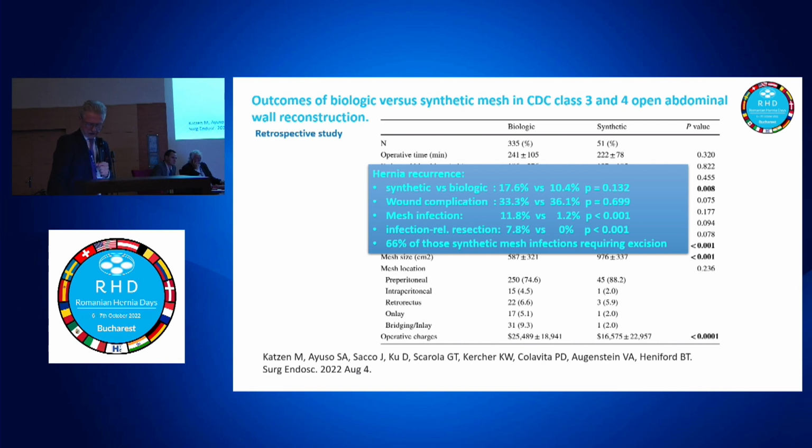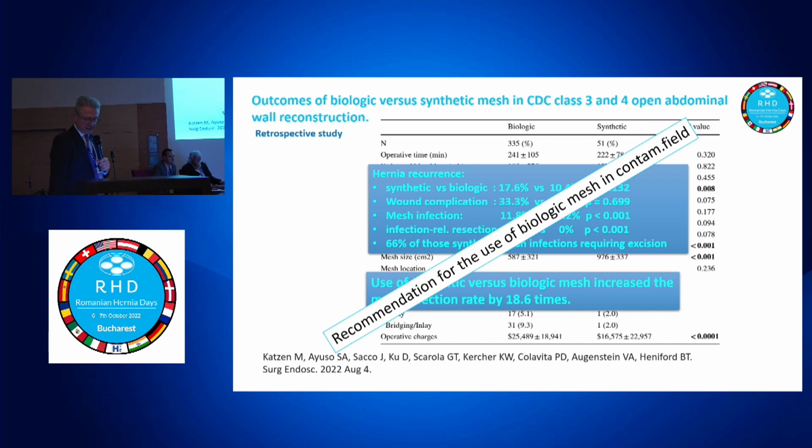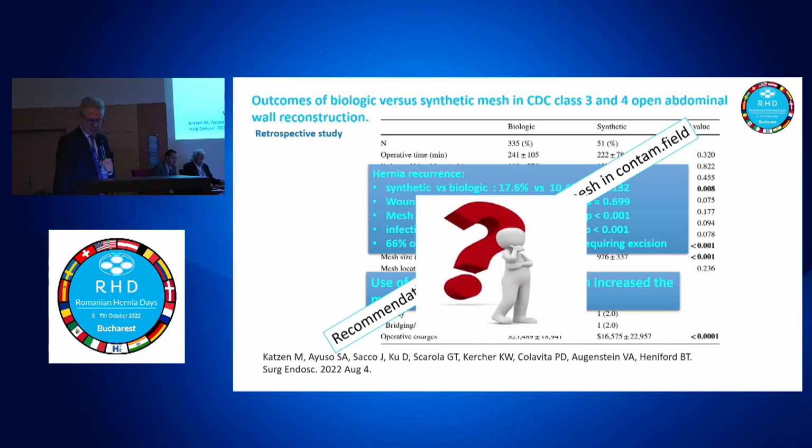And you can read in the summary, the use of synthetic versus biological meshes increased the mesh infection rate by 18.6 times. This is not good advice, to look at such papers, because at the end you could follow this recommendation to use a biological mesh in contaminated fields.